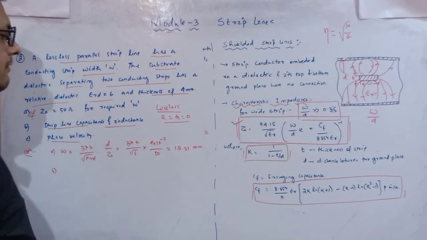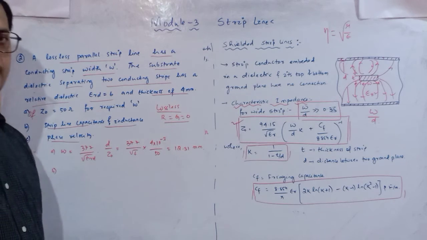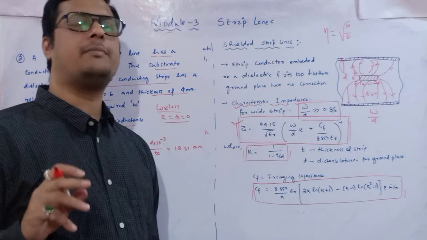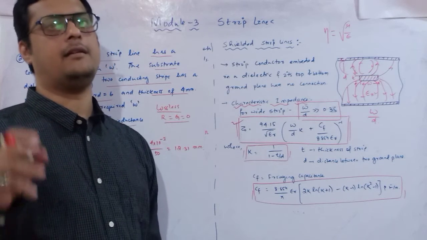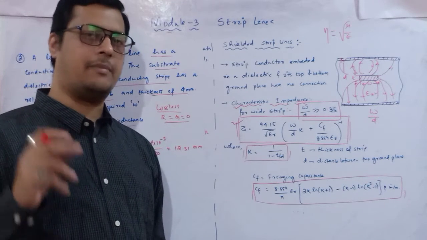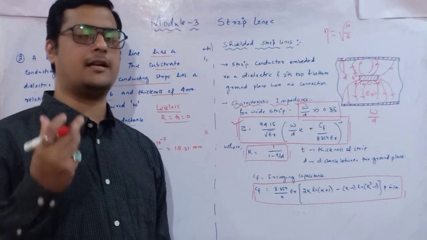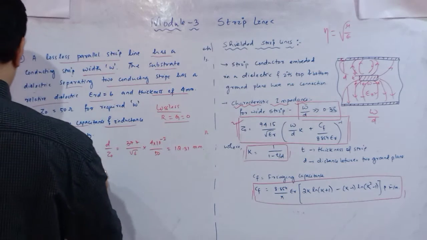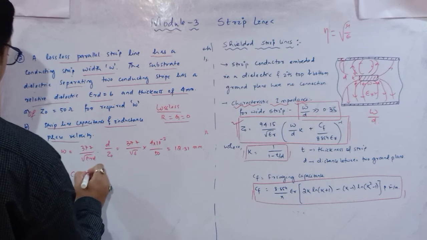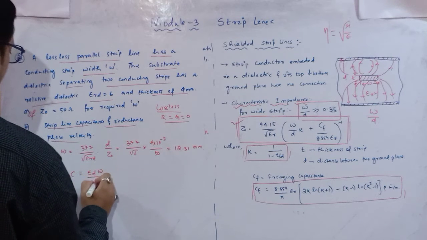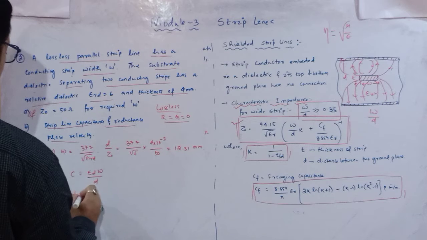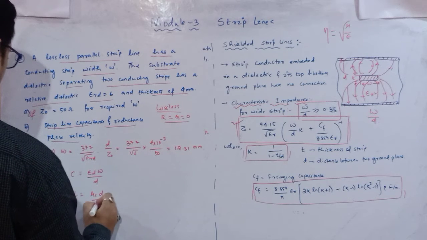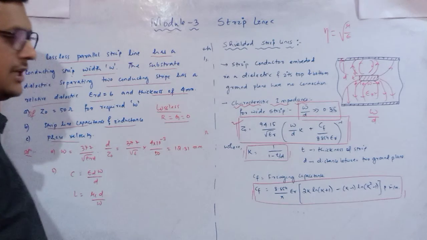Second, what are the capacitance and inductance? These are distributed elements, with units farad per meter and Henry per meter, calculated with respect to length. The capacitance is C equals epsilon D W by D, and L equals mu C into D by W. This is the basic relation.